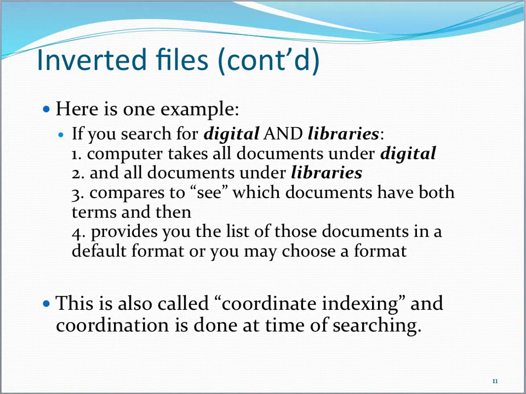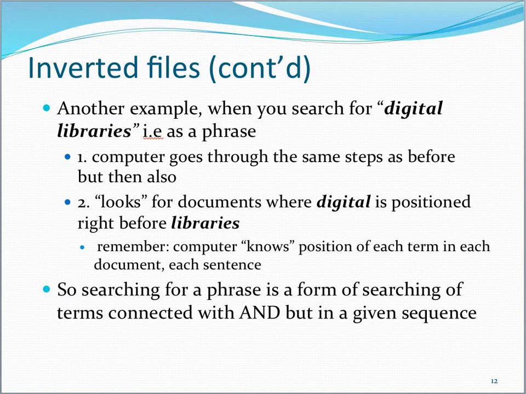Here is another example using the AND operator and how terms are being connected, so you can review this on your own. I just wanted to point out, because sometimes it's a little confusing, what an inverted file is, but I think it's a simple idea. What is indexed is the keywords.